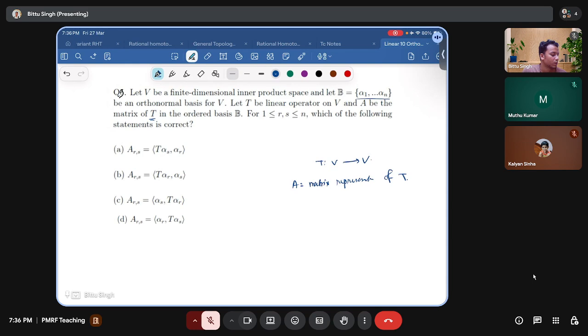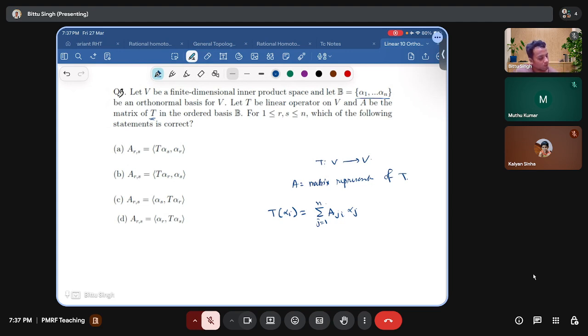So A is the matrix representation of T. That means if we apply T on a basis element, T of alpha i, that is the same as the sum of a_ji alpha j. It is by the definition of matrix representation. This is how we get the matrix representation of a transformation.